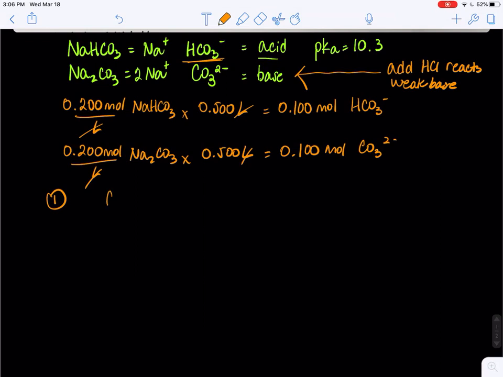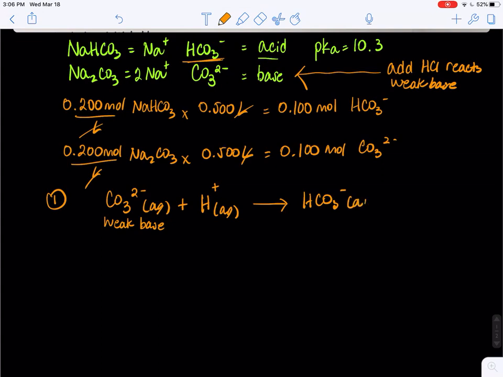So we have carbonate, and that's what we're labeling as our weak base. We're adding hydrochloric acid. The chloride is a neutral substance. Chloride is a -1 anion, but it's a neutral substance. H plus is the reactive part of the hydrochloric acid, and these two will come together to give you bicarbonate.